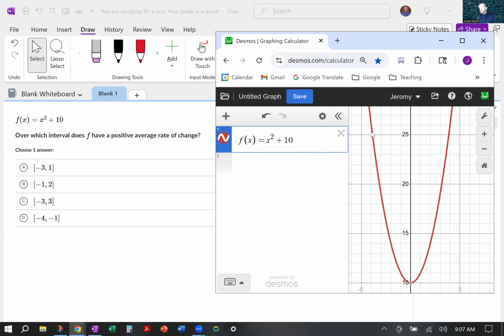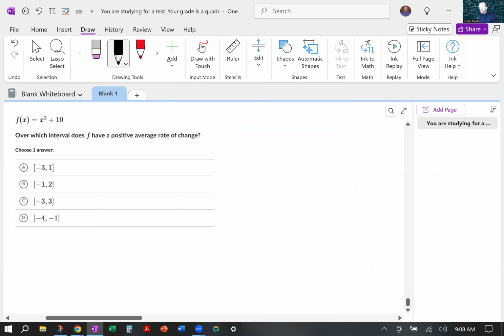That would make a line from here down to here, and that would be a negative slope. It's going down that way. So we were correct. B is the right answer for the positive slope. Negative 1, and then here's 2, and that's a positive slope going up and to the right. Okay, so this one is B.